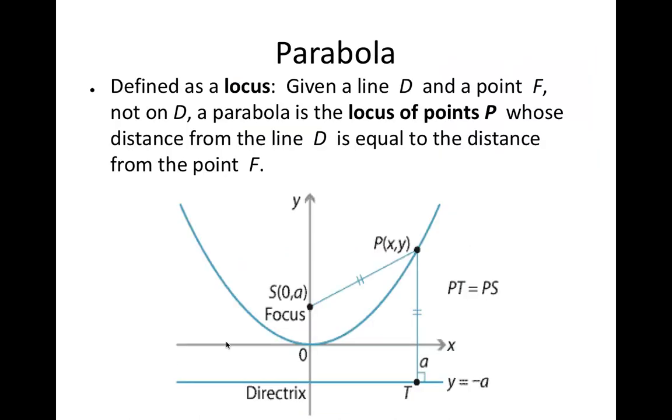Okay. Getting to another locus here that you studied in Algebra 1. Here they are again. Parabola. Okay, so parabolas are a little bit different. A parabola is defined as a locus, and this diagram is a little harder to follow, but you've got the idea of a focus from the last one with the ellipse.